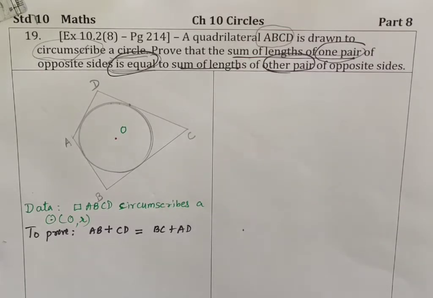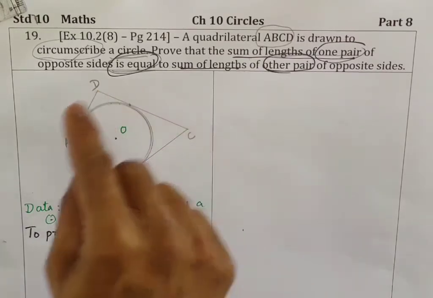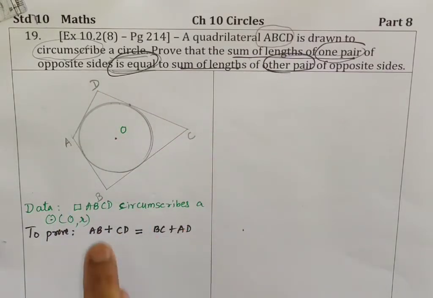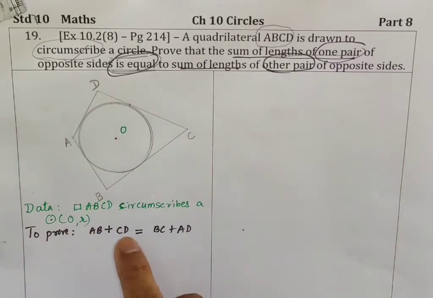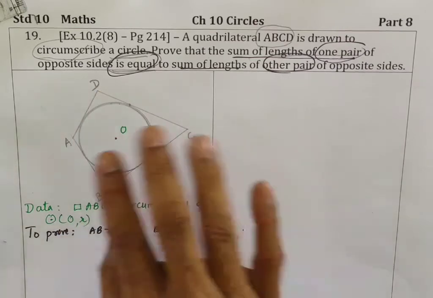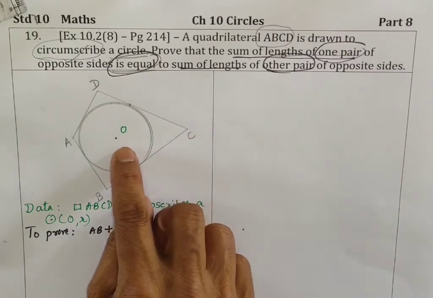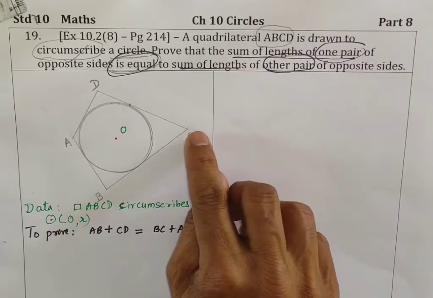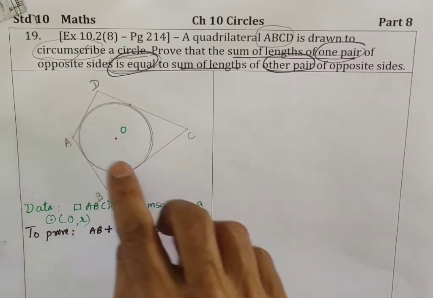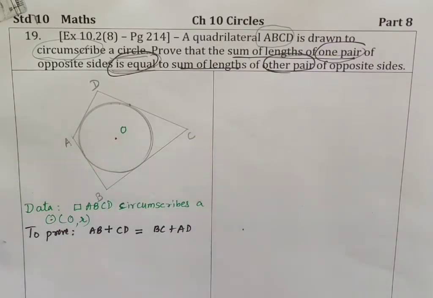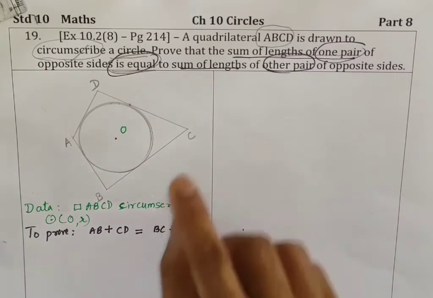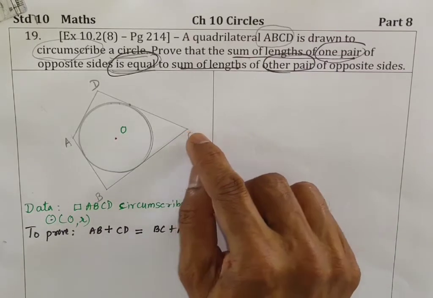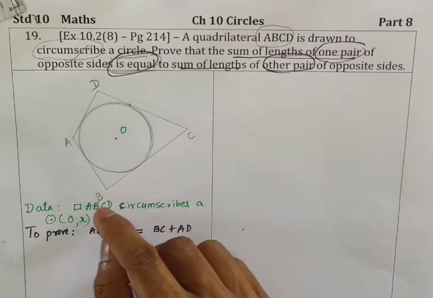How to prove that, children? अब कैसे prove करेंगे? Children, did you observe this quadrilateral? Look at its vertices A, B, C, D. All the vertices, they are in the exterior of circle. And BC touches the circle, BA touches the circle. That means BC and BA are tangents. Okay, so the length of the tangents would be equal. C is a point in the exterior, CD is tangent, CB is tangent.